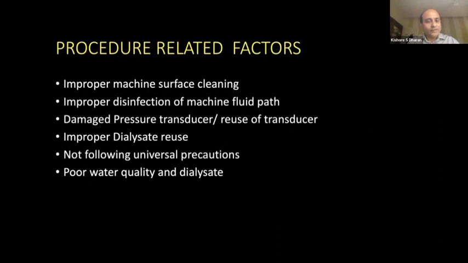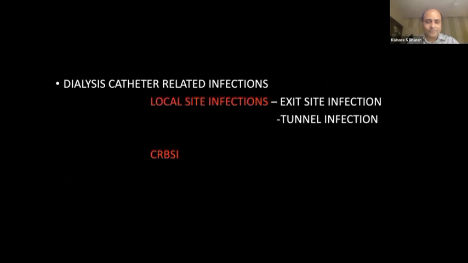There are other procedure-related factors: improper machine surface cleaning, improper disinfection of the machine fluid path, damaged transducers or reuse of transducers, improper dialysate use, not following universal precautions, and poor water quality or poor dialysate quality.